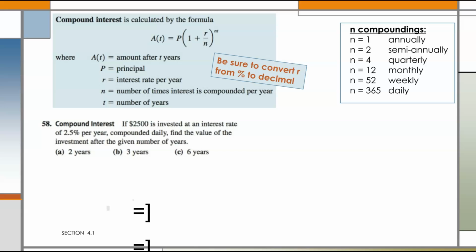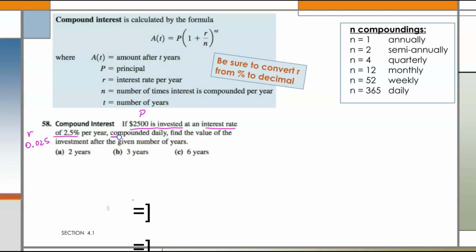Okay, so let's see what we have in our problem information. We have $2,500 invested. That's our initial amount, and so that's going to be the principal. We have an interest rate of 2.5%, so that's going to be R. Remember to always turn R into a decimal before you use it in your formula.